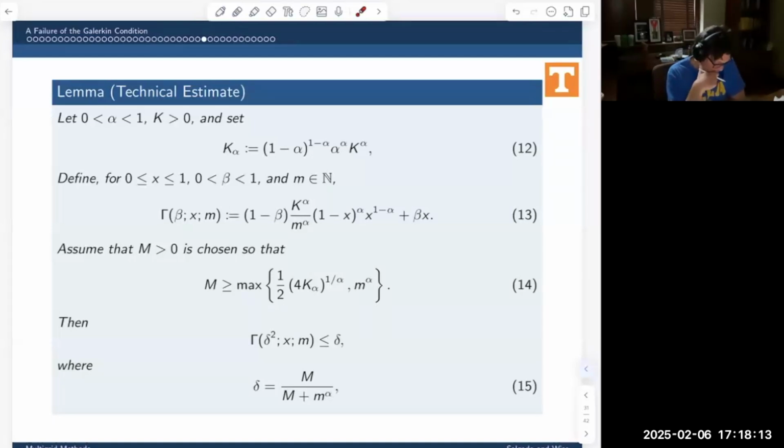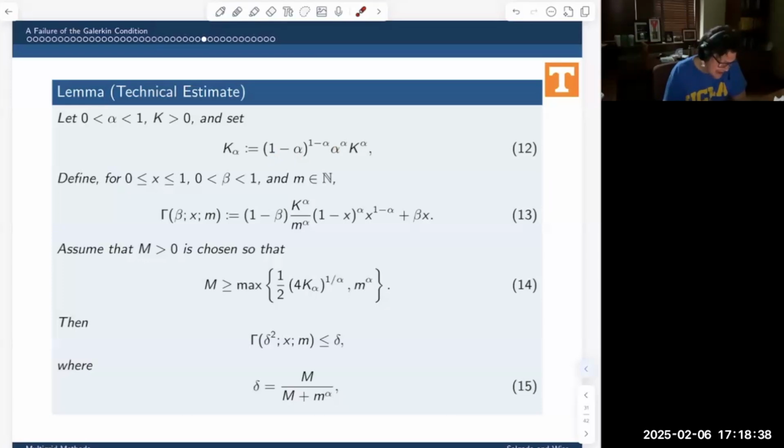Okay, so suppose that k is any number which is greater than 0 and alpha is between 0 and 1. Then we're going to define this number called k alpha. And how big is k alpha? Well, I don't really know, but let's just make sure that it all makes sense. It's 1 minus alpha to the 1 minus alpha power.